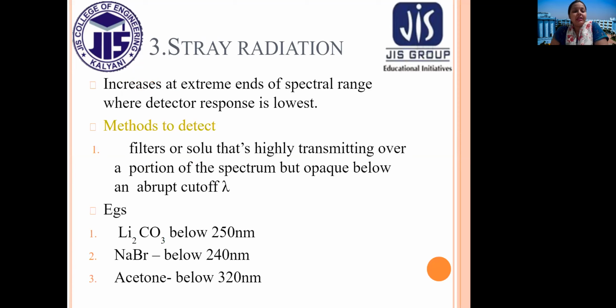Stray radiation increases at extreme ends of the spectral range where detector response is lowest. Methods to detect: filters or solutions that are highly transmitting over a portion of the spectrum but opaque below an abrupt cutoff lambda. These are the examples.